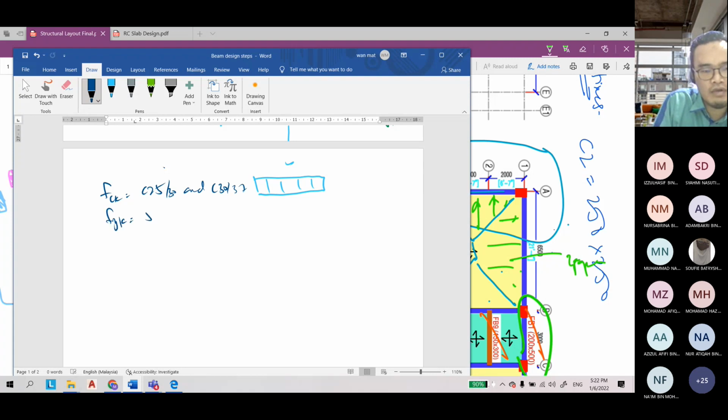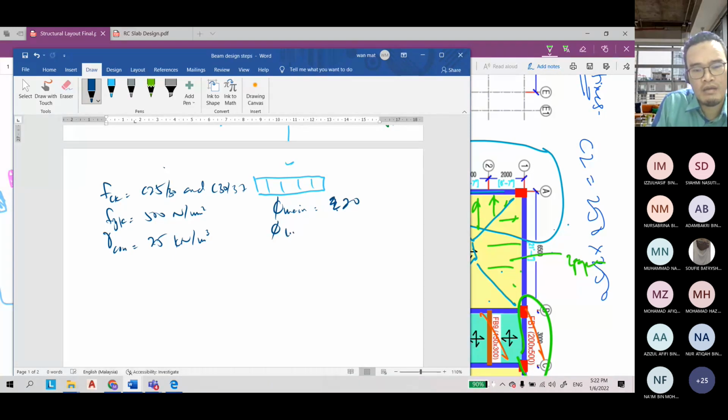FYK is equal to 500 Newton per millimeter square. The concrete density is equal to 25 kilonewton per meter cube. And then maybe the diameter of main bar, let's say you want to use 20, and diameter of link, maybe 8 mm.